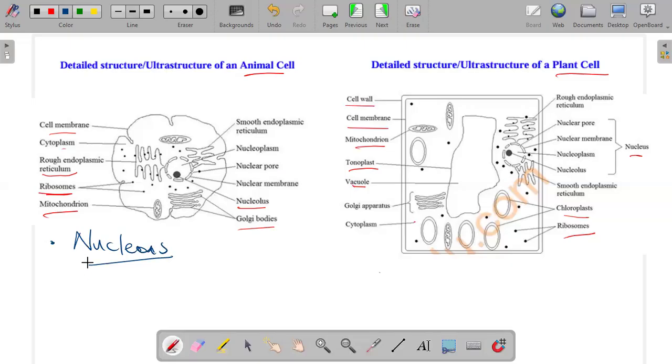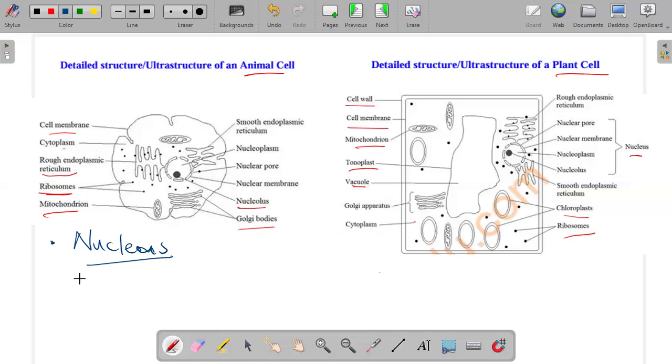What is the function of the nucleus? The function of the nucleus is to control all cell activities. Everything that happens within the cell is controlled by the nucleus.